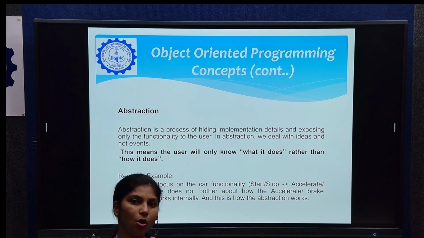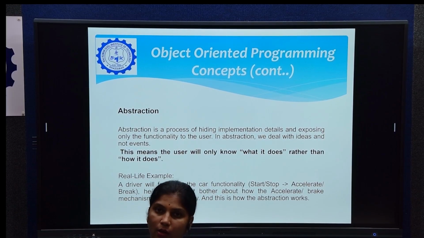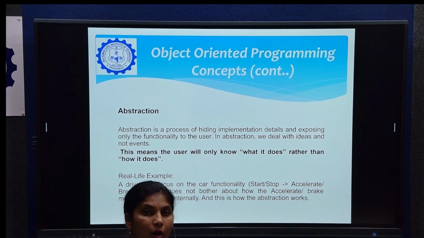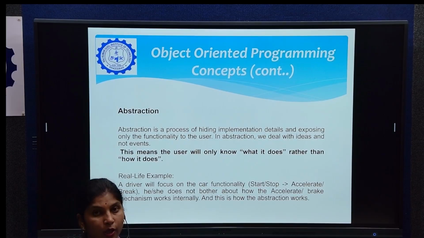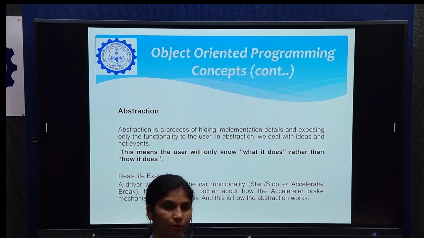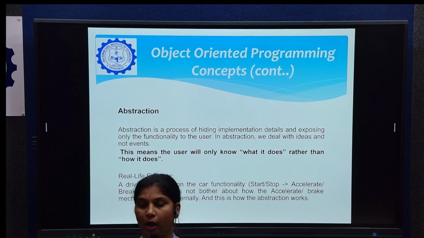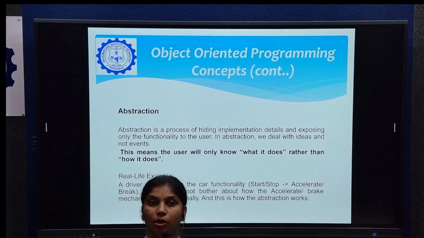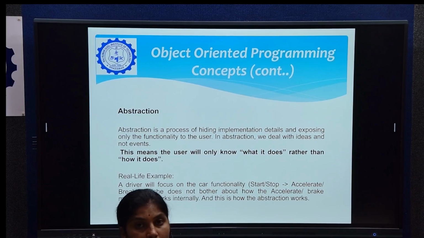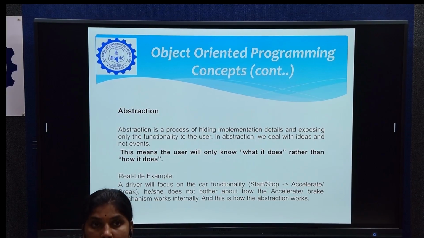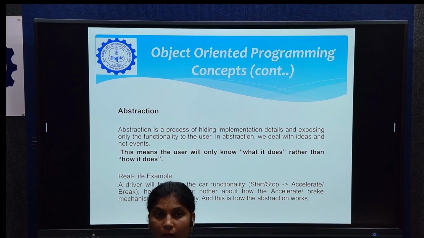So he uses all the functions of the vehicle, irrespective of how those functions are actually implemented. The driver is not aware of the inner functionality of the brakes, accelerator, and start stop button, or of any inner details of how things are implemented.